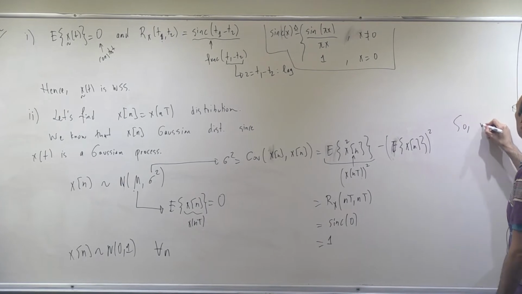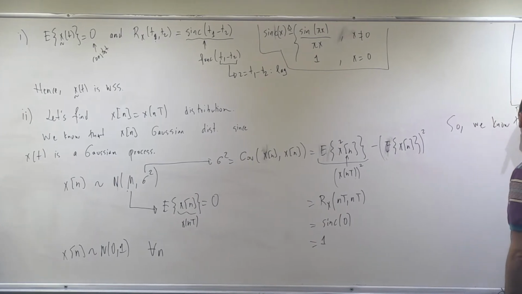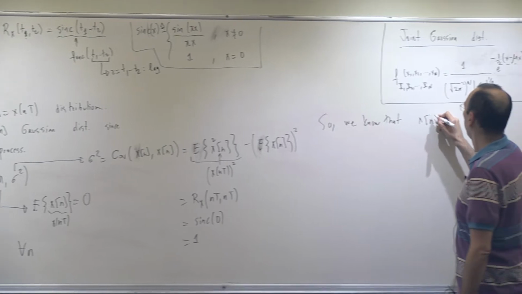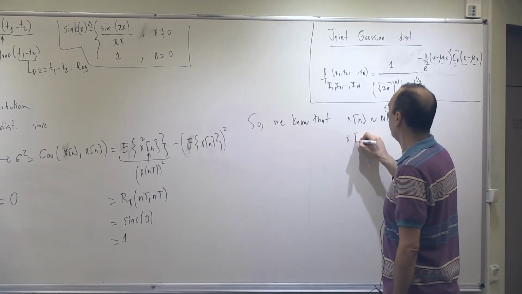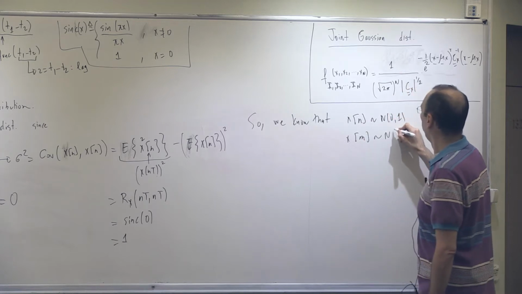So we know that x of n is N(0,1), and x of m, another sample, is N(0,1).